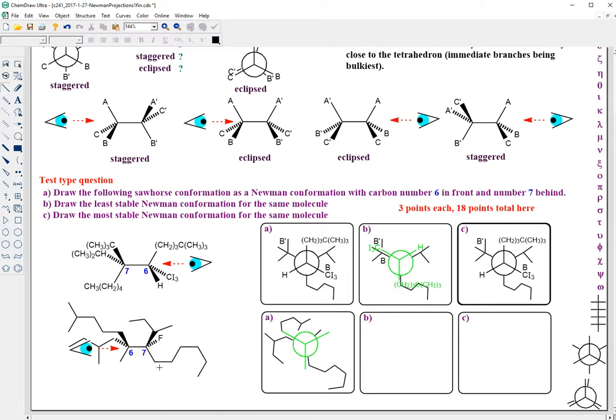On the back carbon, there's a fluorine here to my left. Unfortunately, I made a mistake that I hope you're not making. I said I was going to draw this to the right. I drew it to the left. Bite the bullet. 2, 3, 4, 5 with a V. Directly behind that is a sec-butyl.